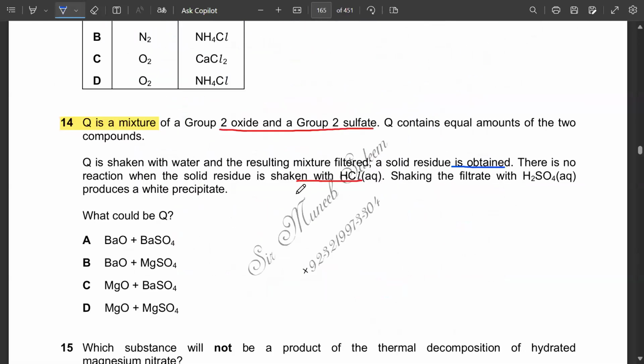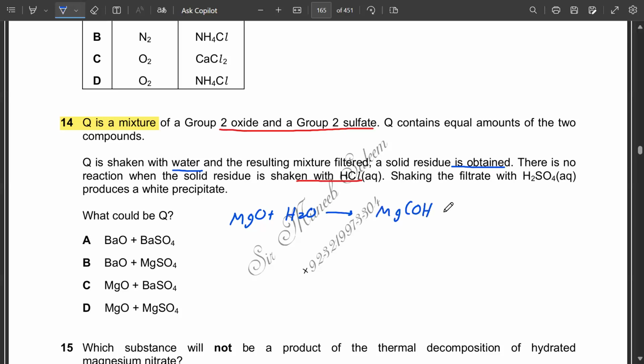So here, what we can say is that the mixture was shaken with the water. So we have oxide of barium and oxide of magnesium. So magnesium oxide plus water produces magnesium hydroxide, and barium oxide plus water produces barium hydroxide.